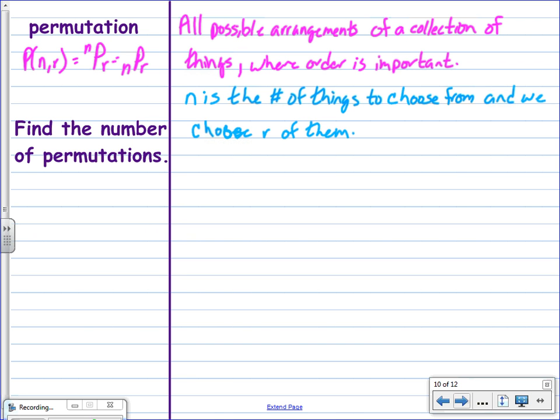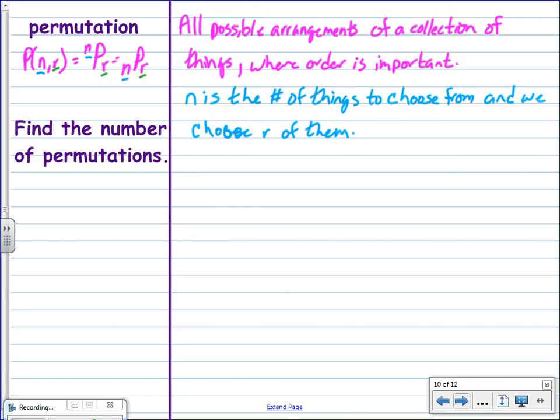Okay, so there we go. So n is the number of things to choose from, and we choose r of them. That's what this means. n is the number of things we choose from, r is the number of things we want. We choose r of those things.